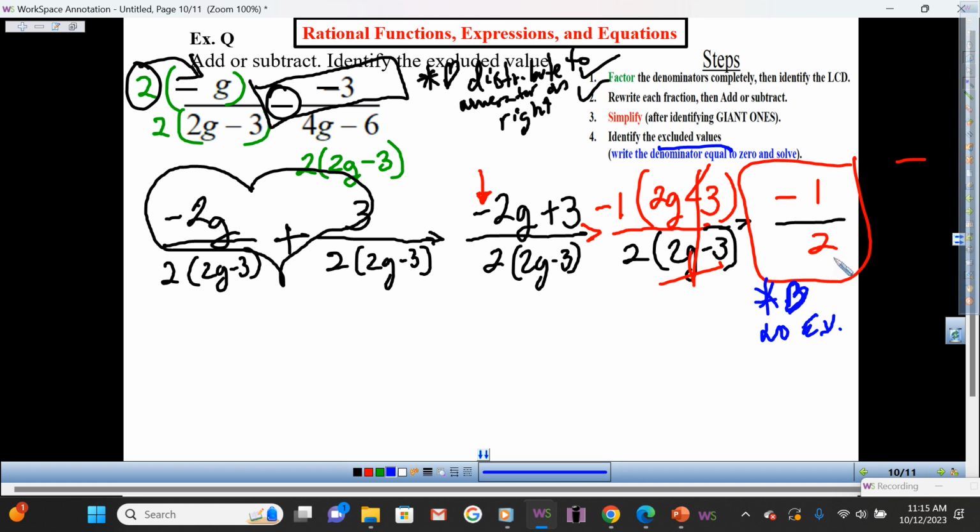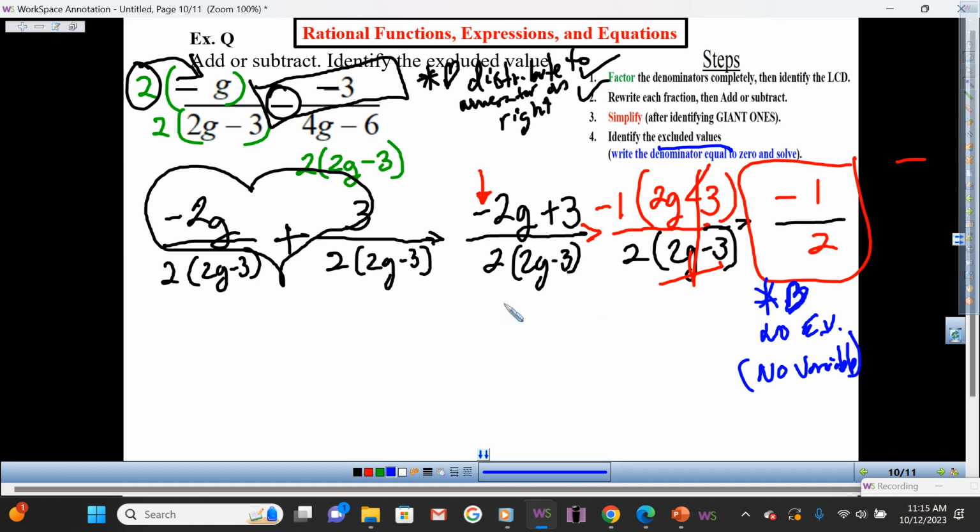Talk to your neighbor, and then Anthony D will enlighten us. All right, Anthony D, why not? There's no variable, so make a note here in parentheses: no variable. Anytime that you have a denominator without a variable, there is no excluded value.